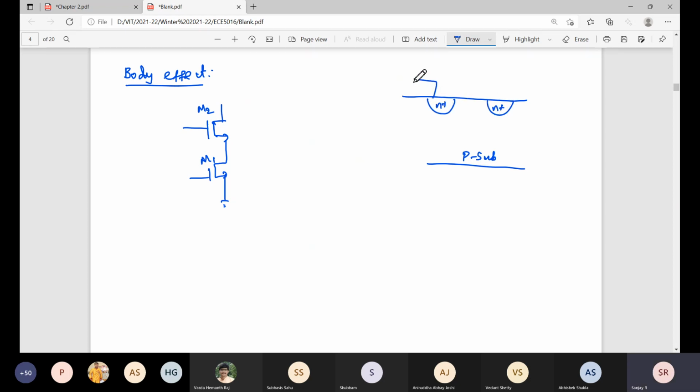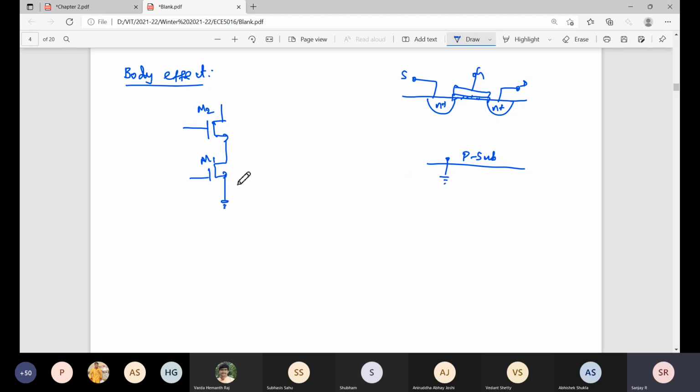So this is source, this is drain. I can put the gate, this is the gate, this is the oxide layer, and this is the P-type semiconductor. Now, NMOS P substrate is always connected to VDD or ground? Ground. Fine. So you can see you will always short source and bulk.